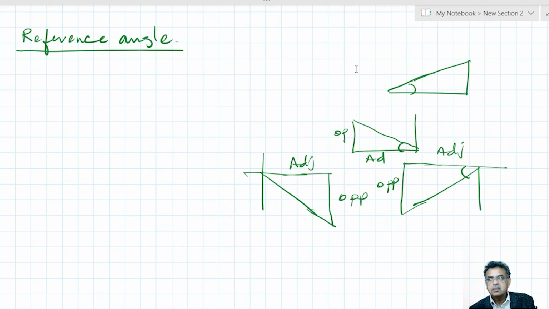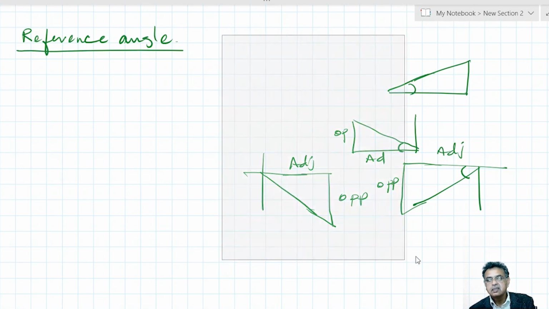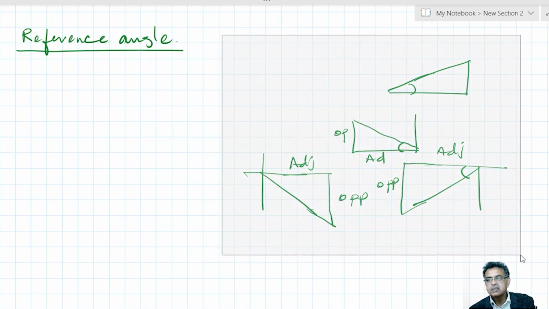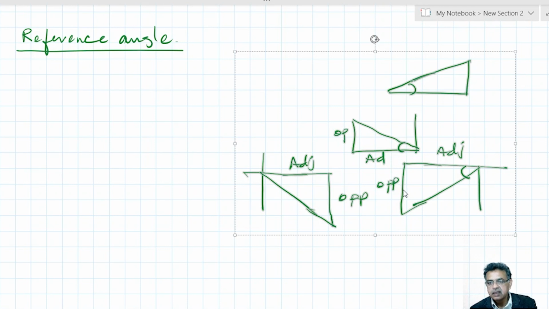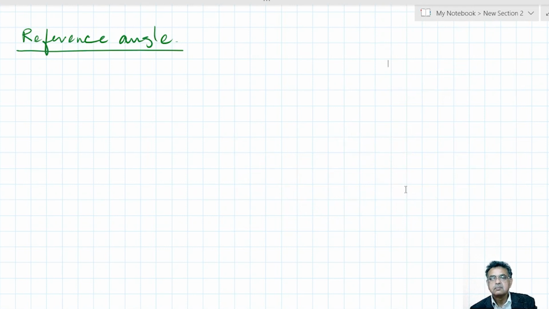So wherever is the line, we make that basic right angle triangle in that line, then the angle with the nearest x-axis, that is reference angle or basic angle.